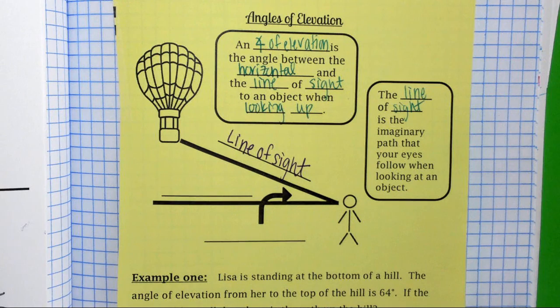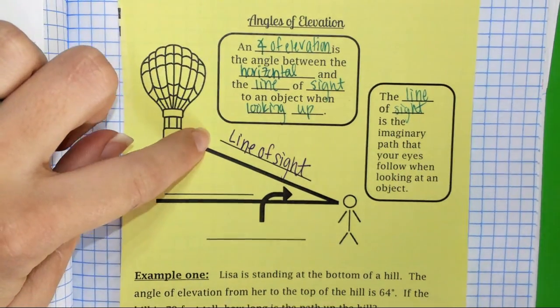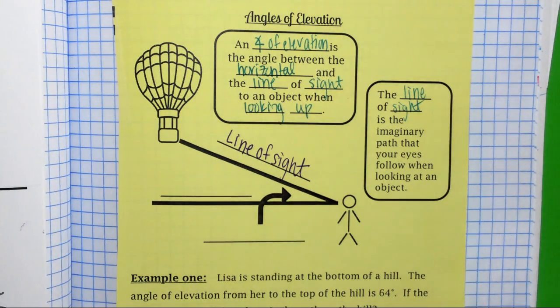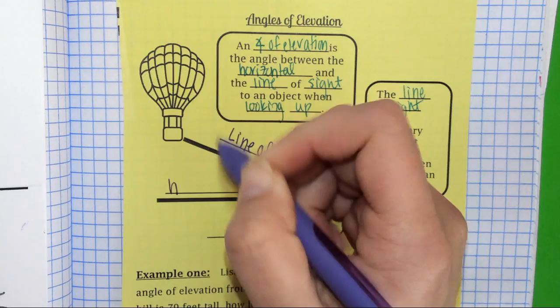So an angle of elevation is the angle between the horizontal and the line of sight. We've labeled our line of sight. What's the other thing that we need to label? The horizontal. And so obviously this is our horizontal line.